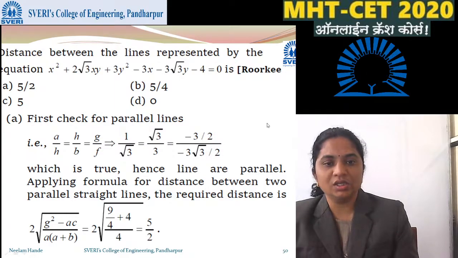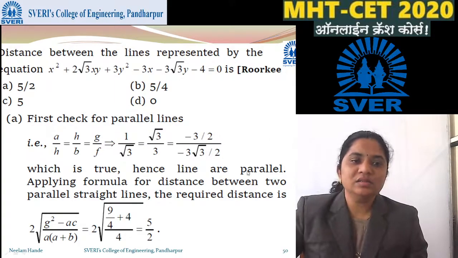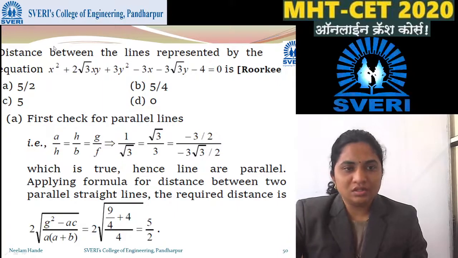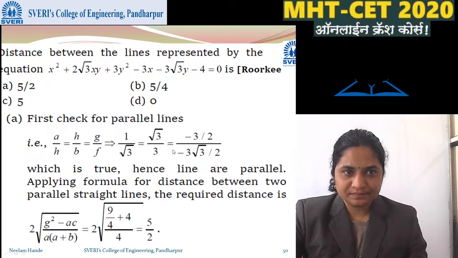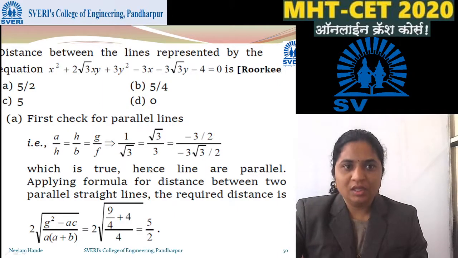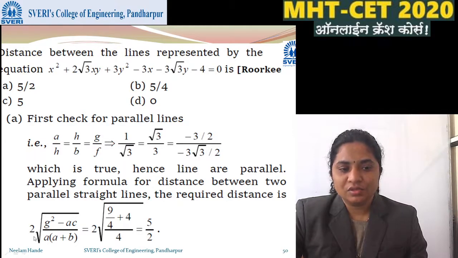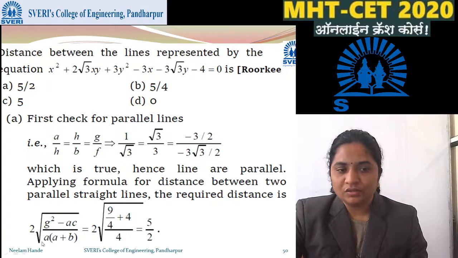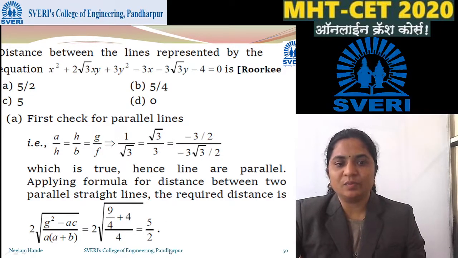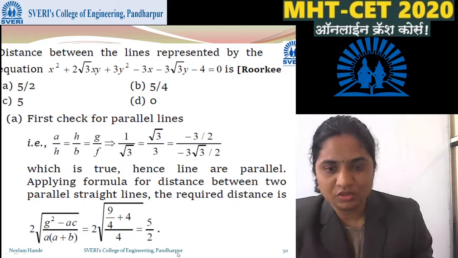So we'll check it. Yes, it satisfies this. So these lines are parallel lines. Therefore, the distance between two parallel lines formula is here. So use that formula, substitute the values and find the answer. It is 5 by 2, option A.